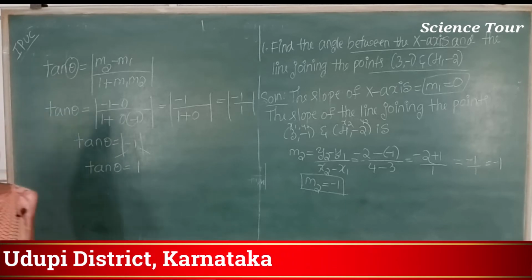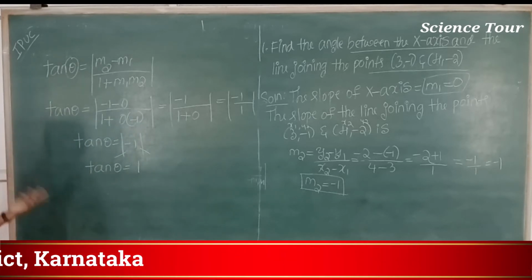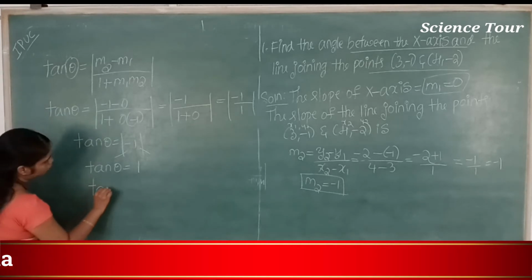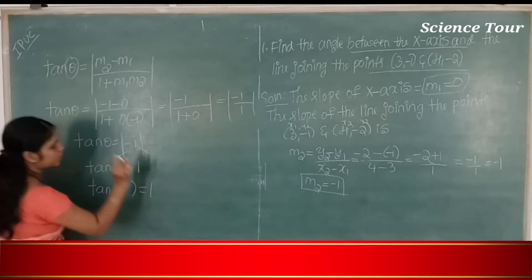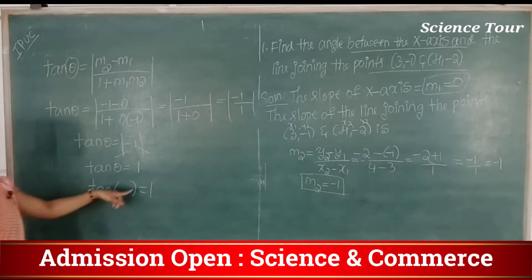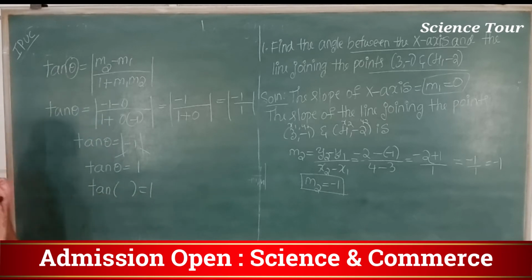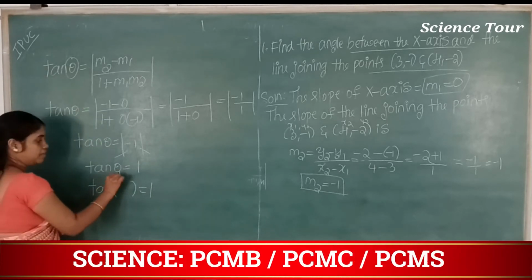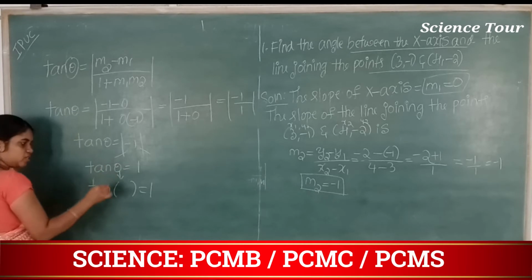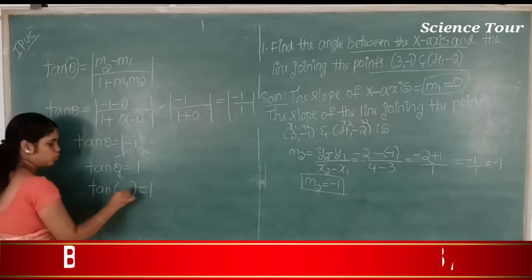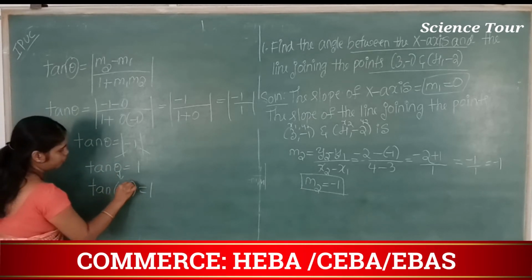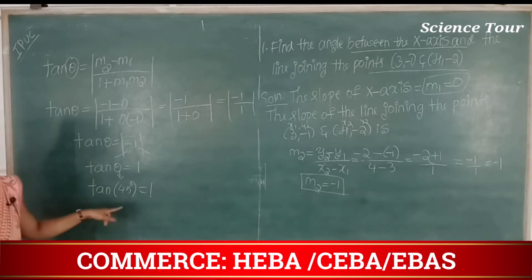Now tell me, tan of what angle will be equal to 1? See, theta means angle. So tan of what angle is equal to 1? Tan 45 degree is equal to 1, isn't it?